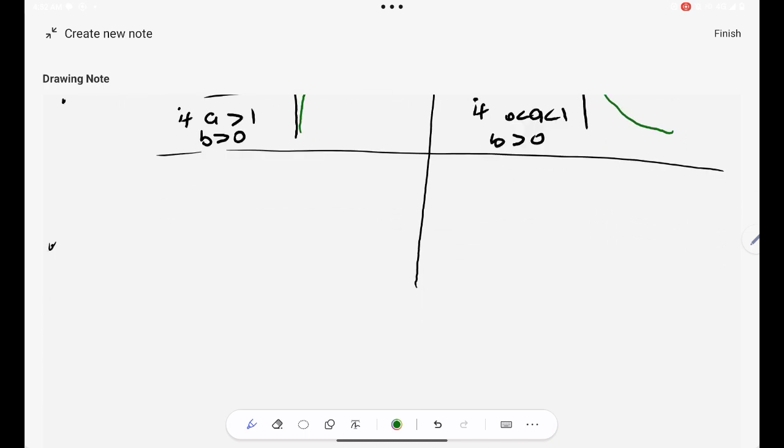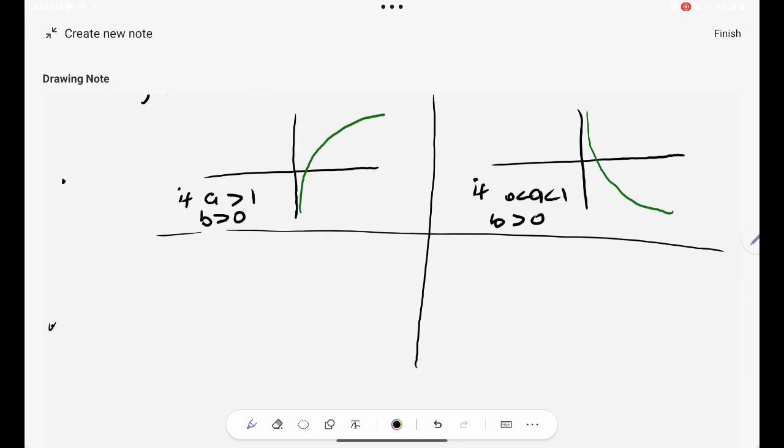All together. And then the third graph is just a reflection of the first graph, because everything is the same. a is greater than 1, but now b is a negative number.